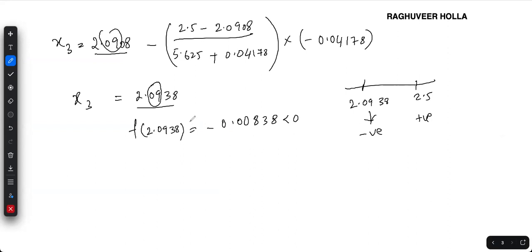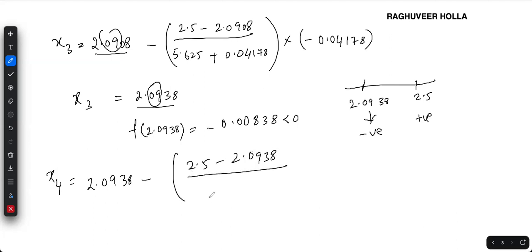So let us find x4. Okay, so this is 2.0938 minus 2.5 minus 2.0938 divided by 5.625 plus 0.00838.